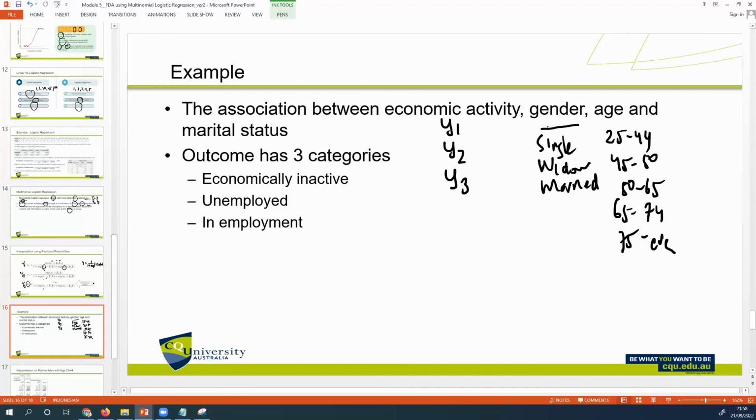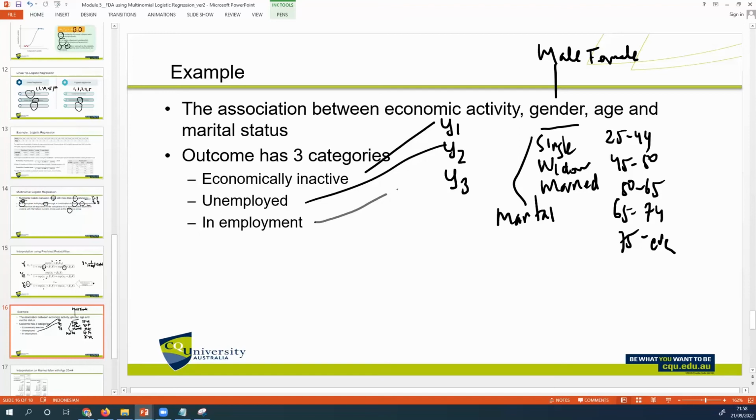Sorry, this is the marital status. The gender is male and female. And the outcome: Y1 is economically inactive, Y2 is unemployed, and Y3 is in employment.